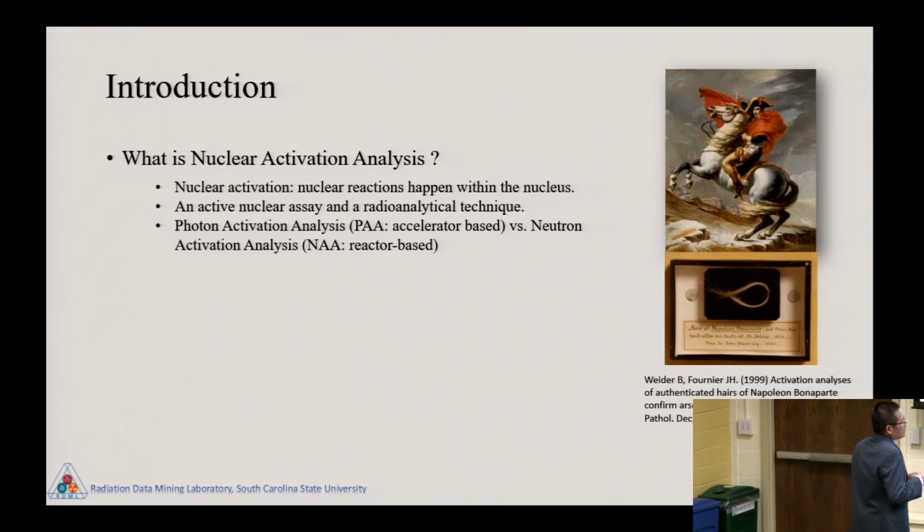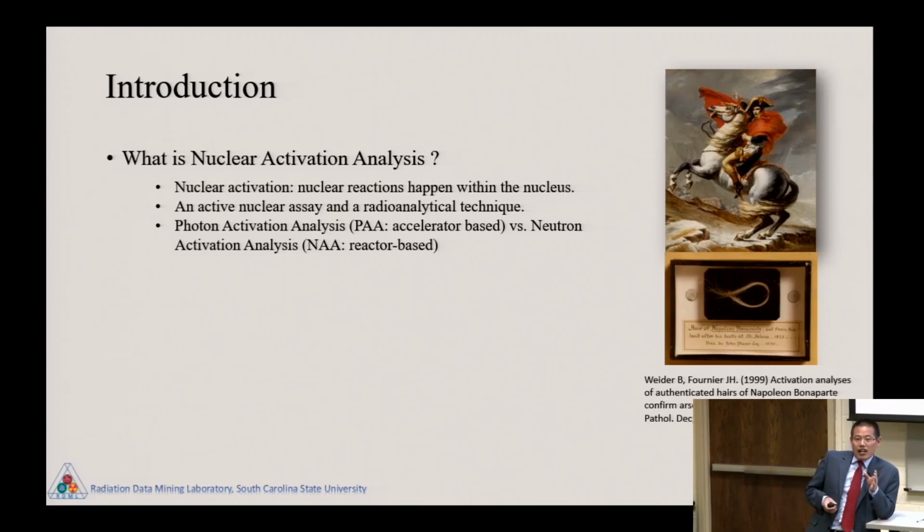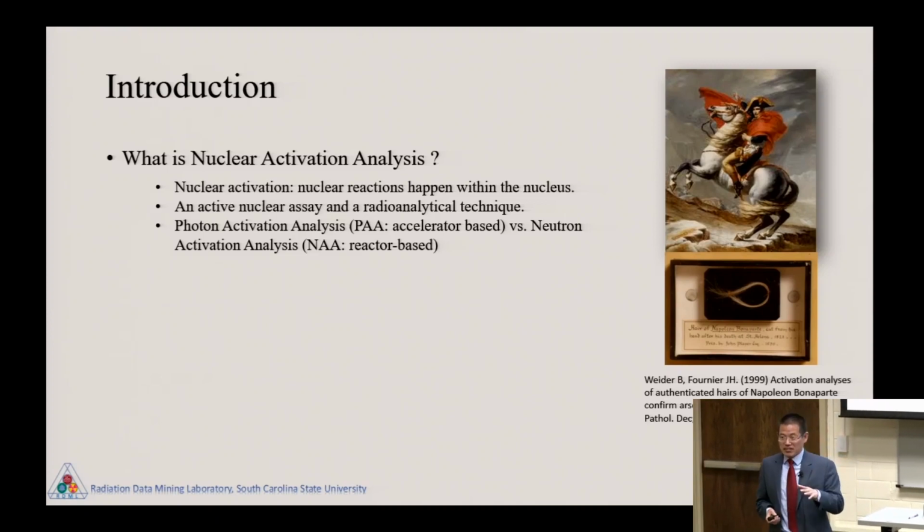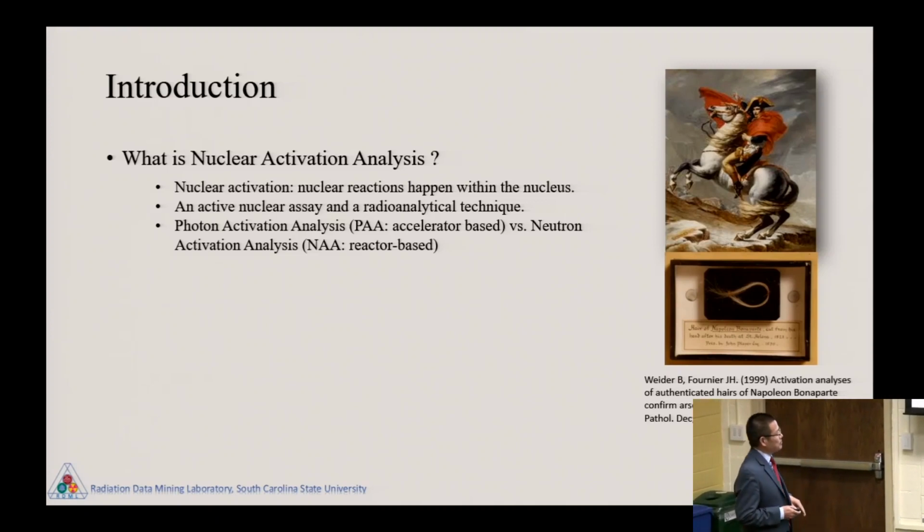From this article, they found a higher concentration of arsenic, which is poisonous to people, in Napoleon Bonaparte's hair, which indirectly proves that he was poisoned by his British servant. They could even plot which months they gave more poison and the next month. So the whole plot can be seen in this article.